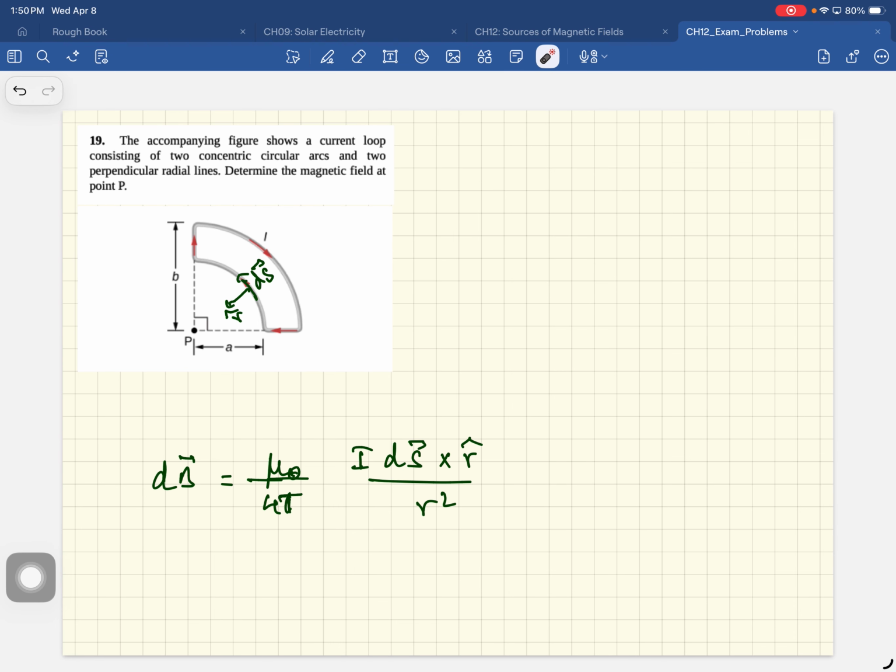So again, what is the direction of the fields? The fields are concentric circles like that. And the strength of the magnetic field is given by mu naught I by 2 pi r.